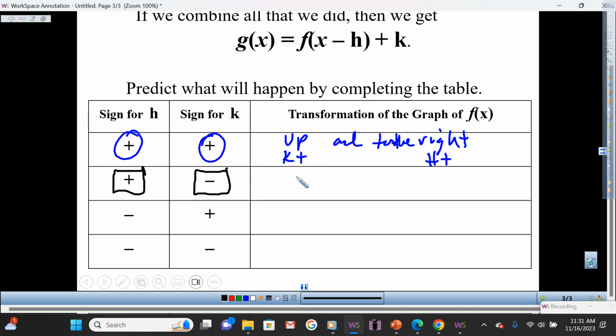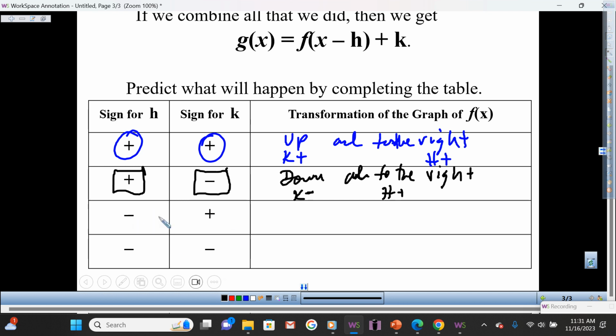Clarissa, where's the function going to move? Down and to the right. That is correct. So this one is k negative and h positive.